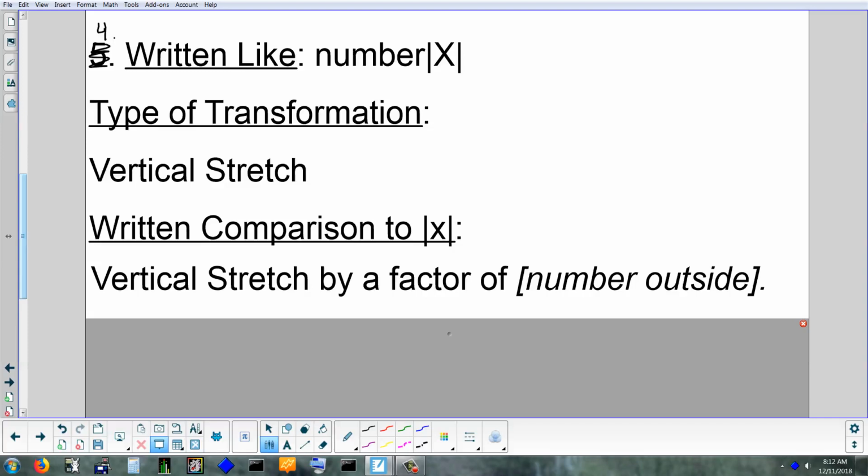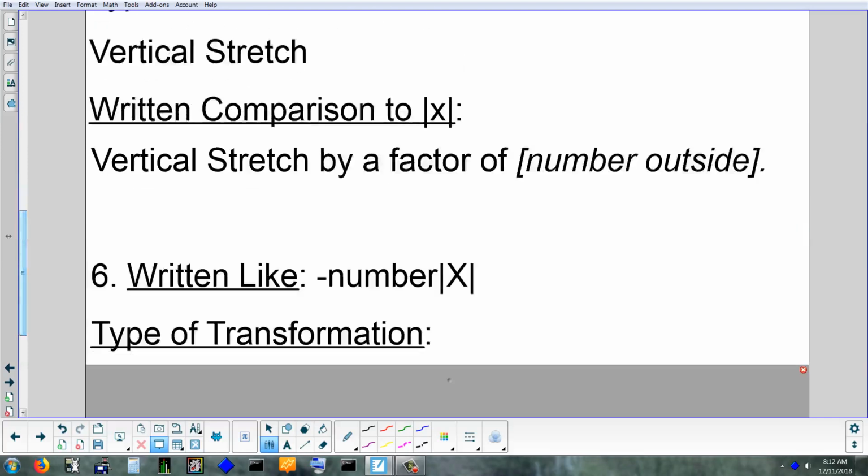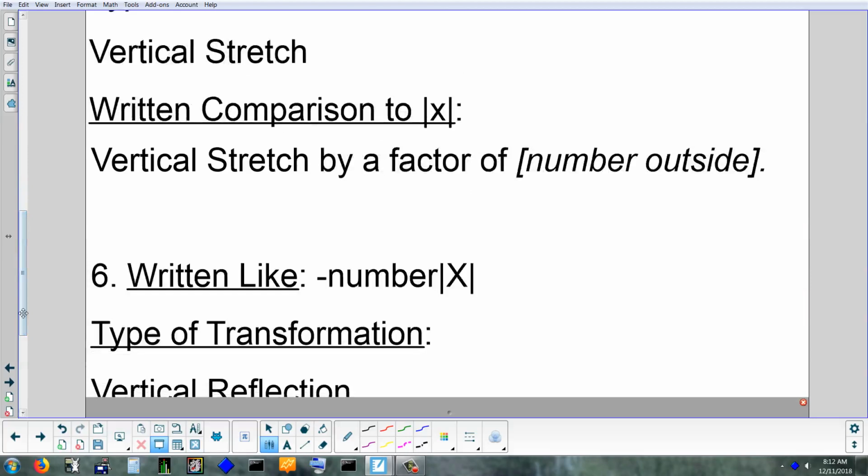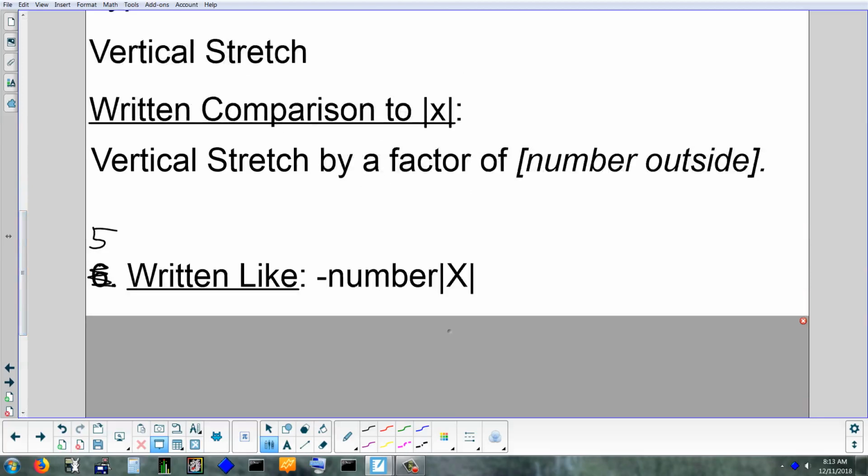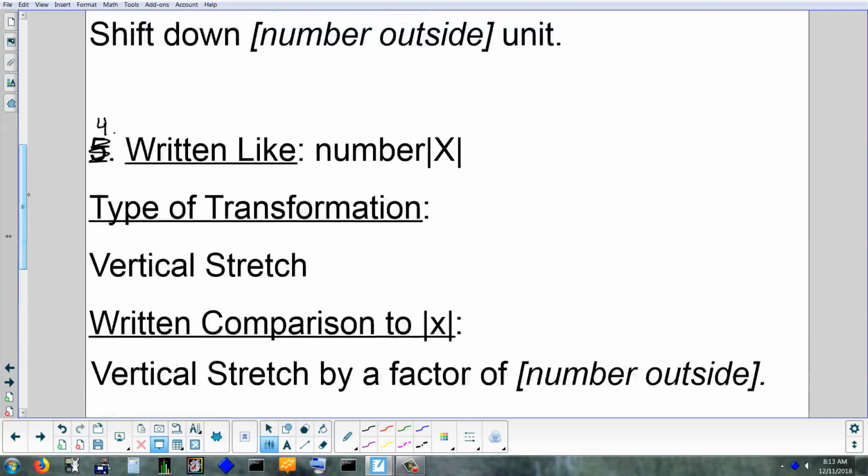All right, so now the next one. We did the stretch. What else can you do? Not the shift yet, but there's the reflection. So that's going to be number 5. All right, and the way you would see that one, let's just write it like this. So we already took care of when you have a number in front of x. That's that one.